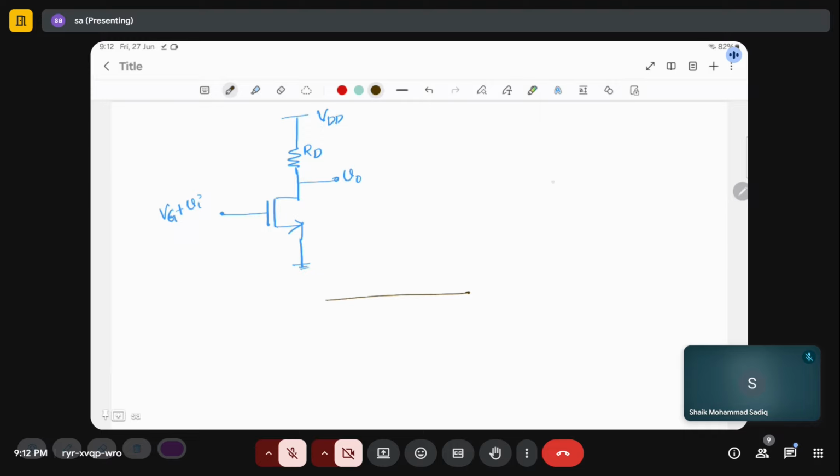Let us say the drain potential is here, which is at VDD minus ID RD, and this gate potential is at some VG.